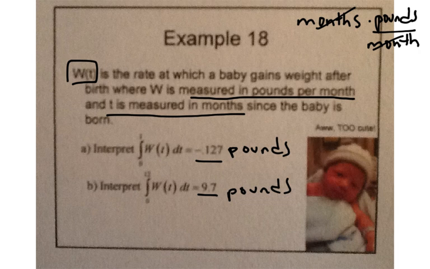They have to work a lot harder. And then in B it says interpret the integral from 0 to 12, so from 0 to 12 months, that's over the first year. It equals 9.7 pounds. That would mean that the baby has a gain of 9.7 pounds over the first year. So that's how you could interpret those.